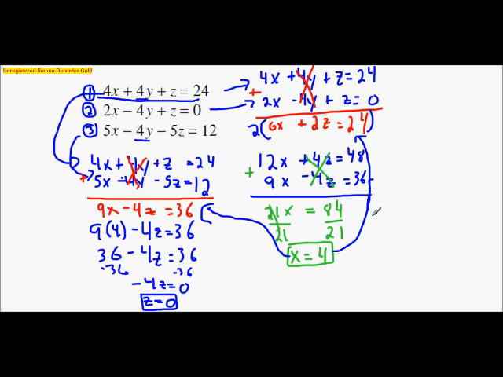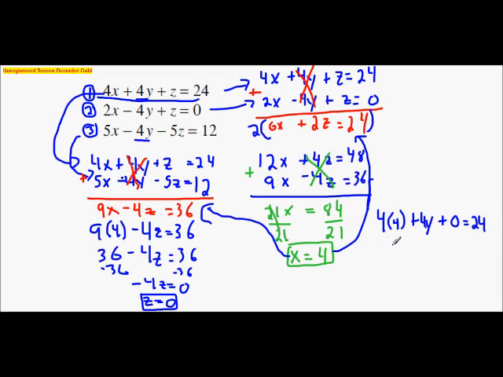So I'll write it over here. I'm going to have 4x, well, instead of x, I'm putting 4, plus 4y, plus z, well, z I know is 0, so I'll write 0, and that's equal to 24. Let's go ahead and solve this.